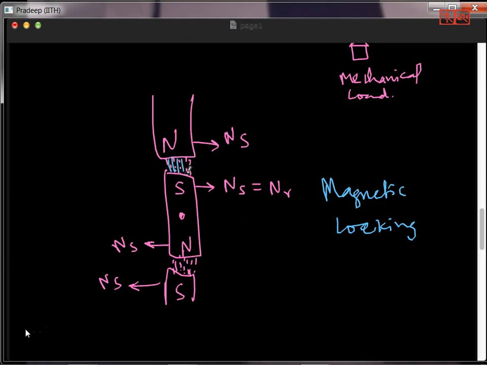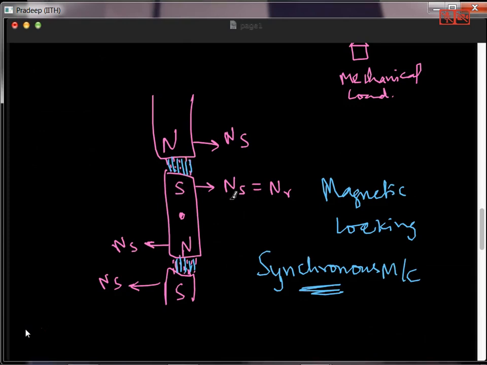Because there is a magnetic locking between the rotor poles and the stator poles, the rotor always rotates at synchronous speed. That is the feature of a synchronous machine. In fact, the name itself is synchronous because the rotor and stator are in synchronism.